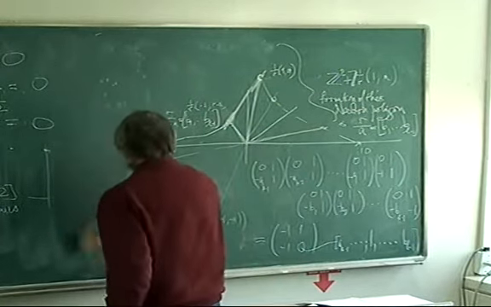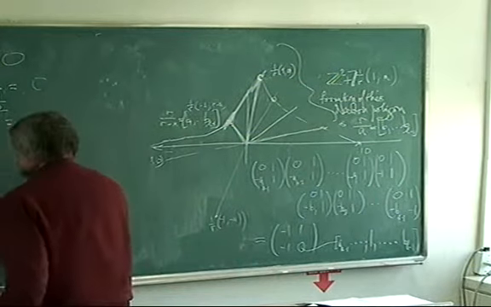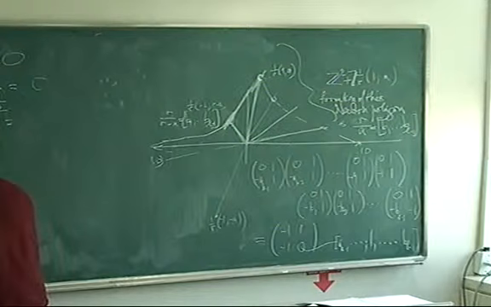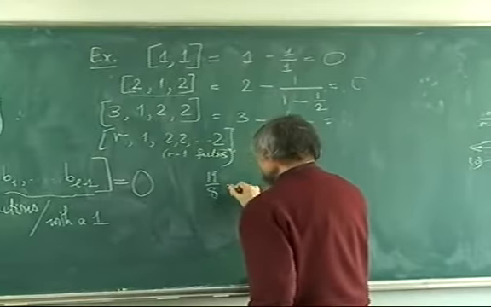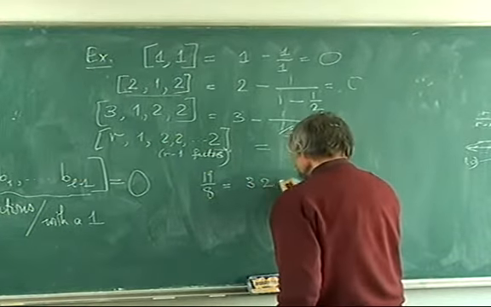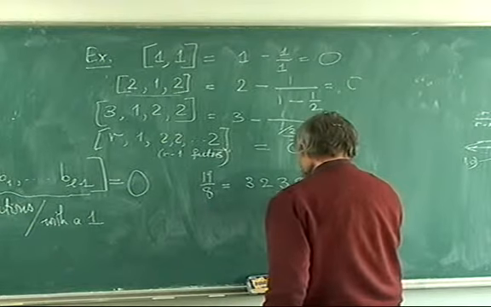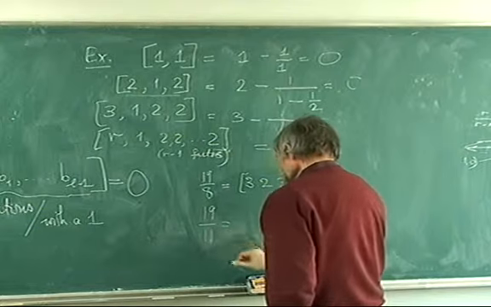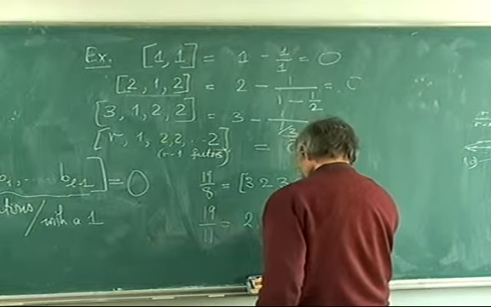Okay, so let me do my favorite example again. I had 19 over 8 is, try to get it right this time, 3, 2, 3, 2. 19 over 11 was 2, 4, 3.